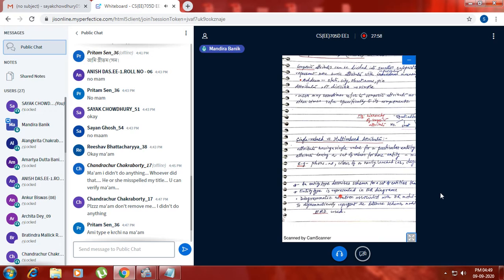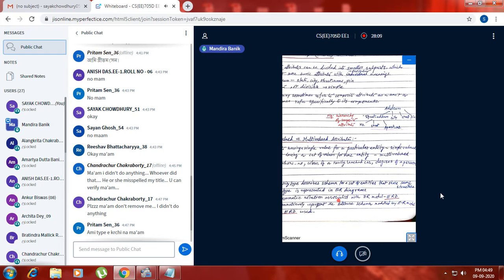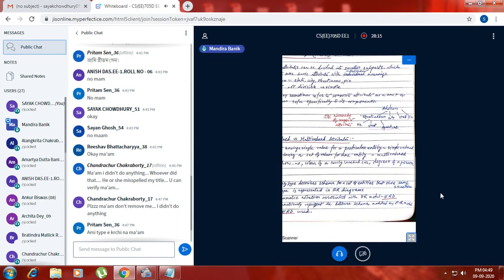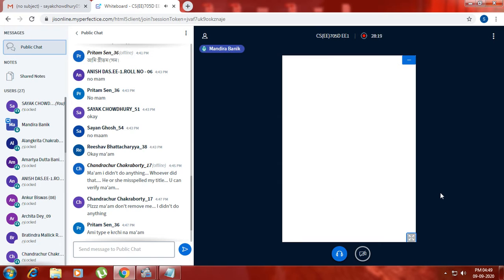That I have told. An entity type is represented by an ER diagram, which we will see later. The diagrammatic representation of the ER model is known as an ER diagram or ERD.